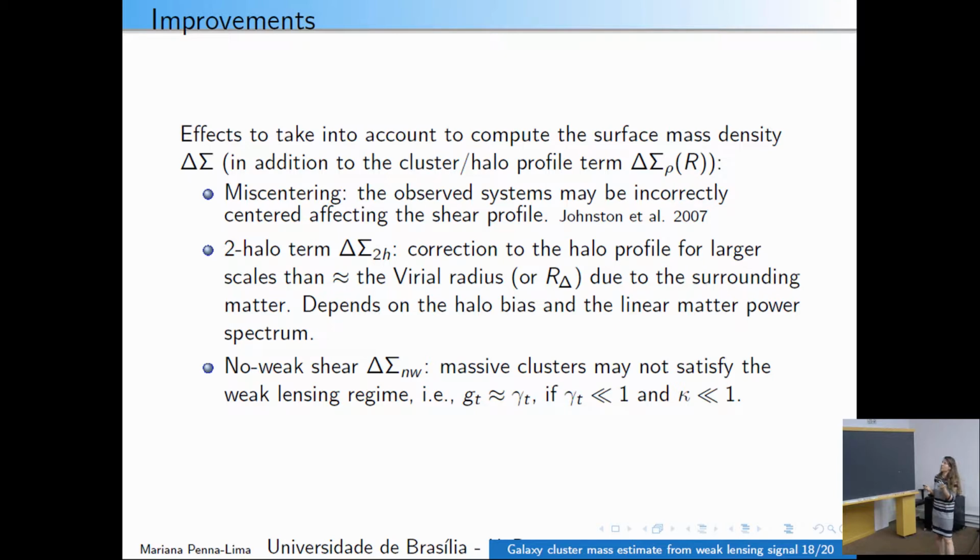The observed system may be incorrectly centered, and this affects your result. If you don't identify the center of the cluster or the BCG correctly, this is reflected in your mass estimate, so you have to include this correction. You also have to include the two-halo term, which is a correction to the halo profile for scales larger than the virial radius.